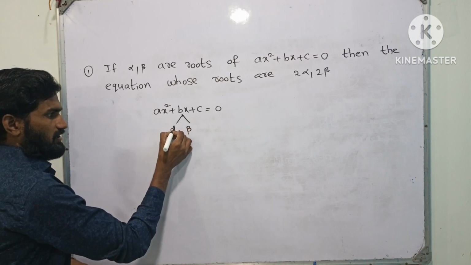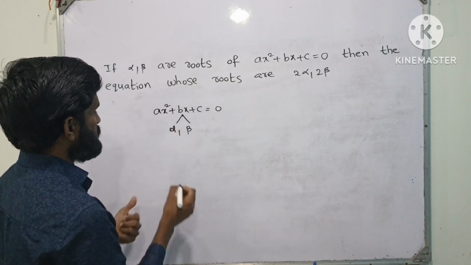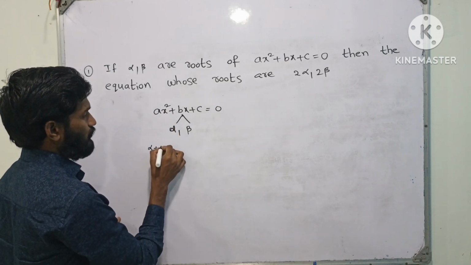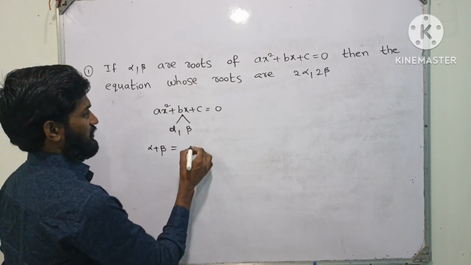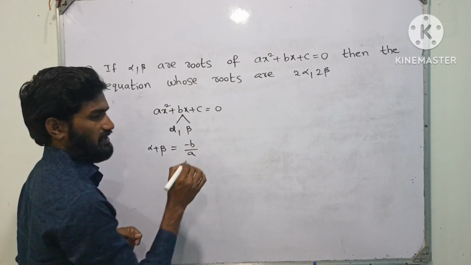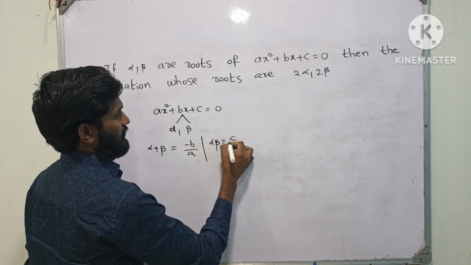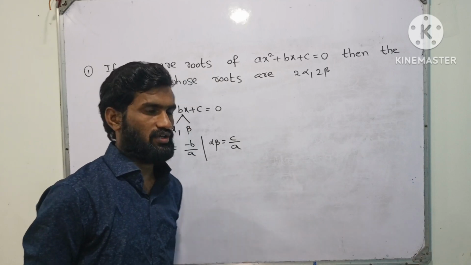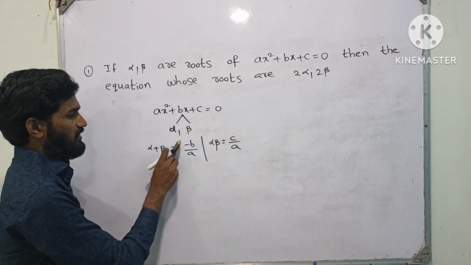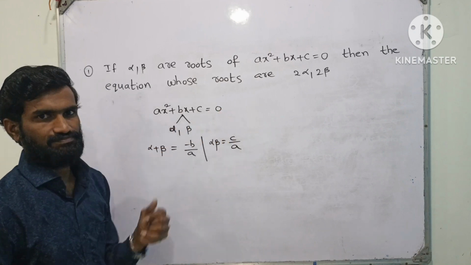We already know that the sum of roots, alpha plus beta, is minus b by a, and the product of roots is c by a. In the previous lecture, we already discussed alpha plus beta is minus b by a, and alpha into beta is c by a.